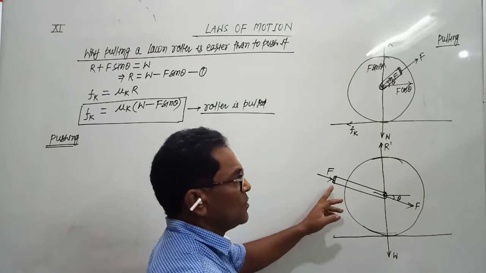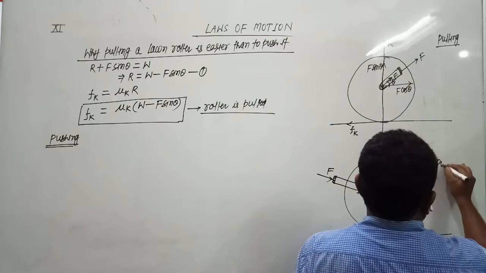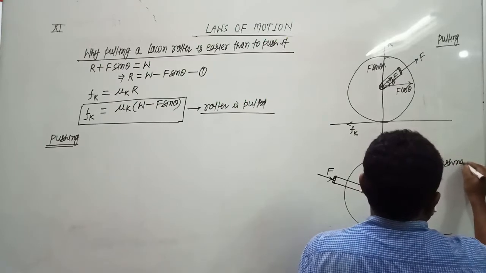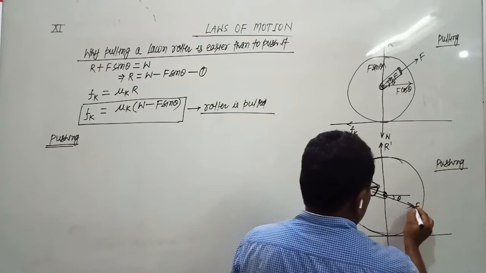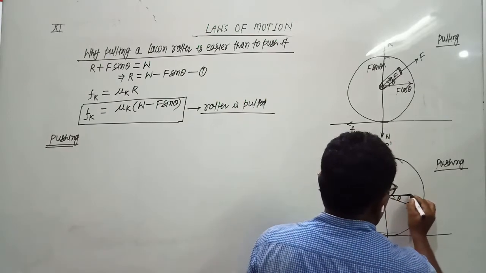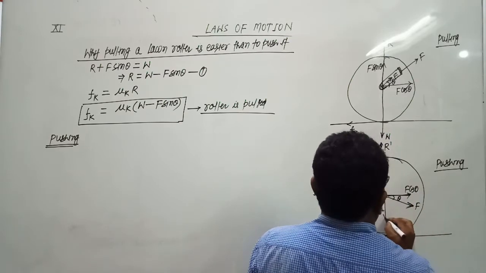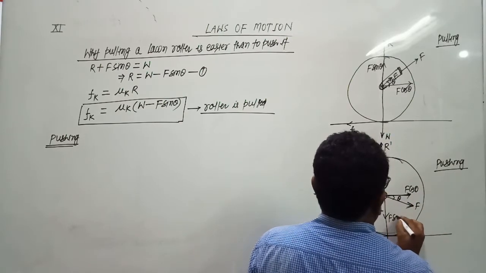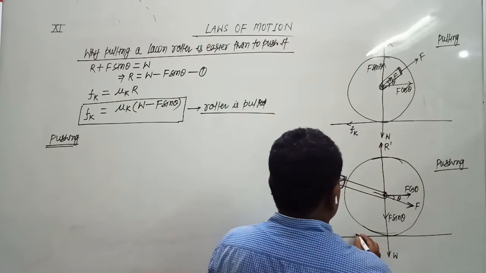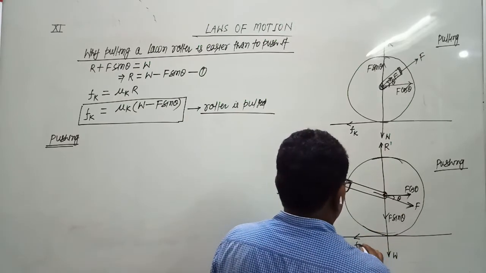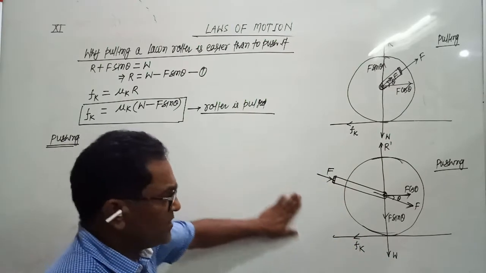This is the case of pushing the lawn roller. So the two components of force are F cos theta and F sin theta, and force of friction acts in backward direction, Fk, kinetic force of friction.